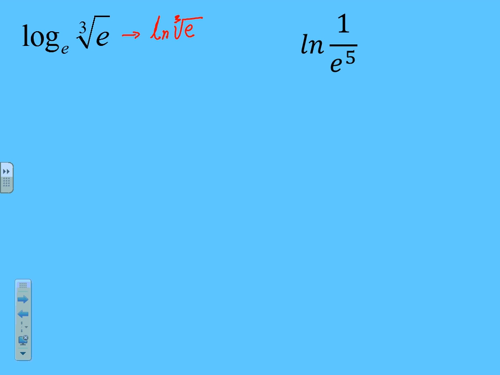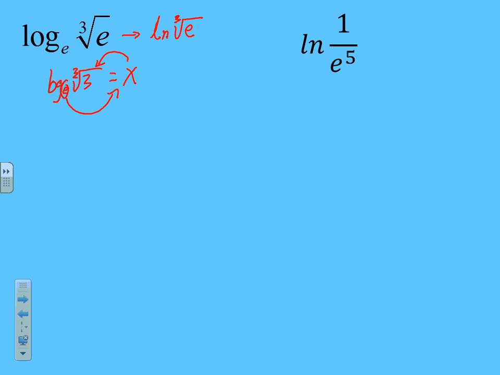So let's take it for what it was given to us, and we'll say log base e of the cube root of e is equal to x. We're going to do this the same way that we have been doing it. I'm going to say the base raised to that power is equal to this.